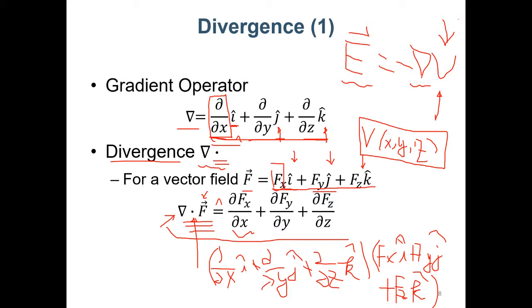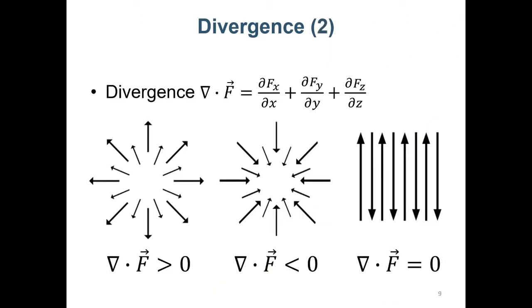Any question up to now? So it is so far very easy. So the physical meaning for divergence is something like, if divergence of f is larger than 0, then the f near that point would be pointing outward.